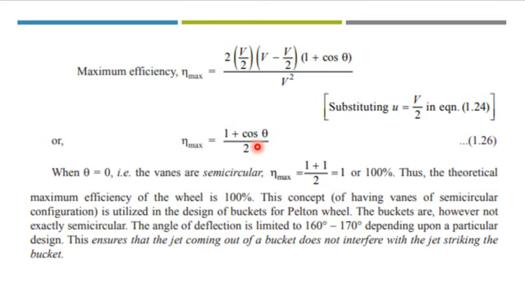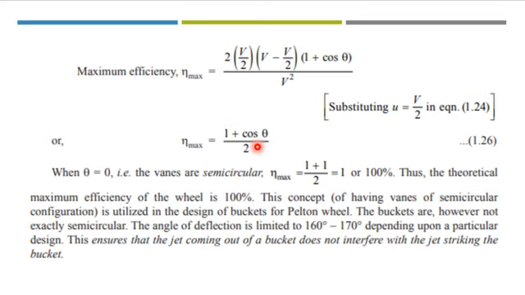The theoretical maximum efficiency of the wheel is 100%, and this concept is utilized in the design of buckets for the Pelton wheel. When you study the Pelton wheel in advanced fluid mechanics, you will see that the buckets are almost semicircular. These are not 100% semicircular.